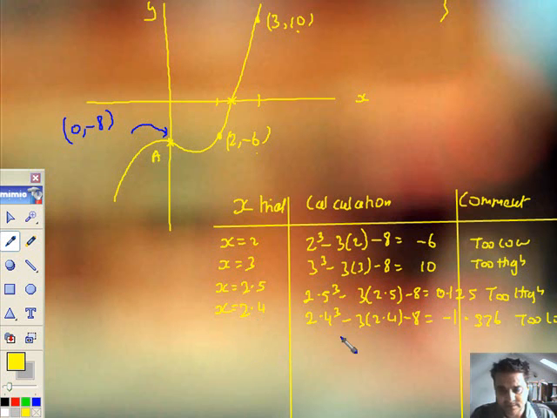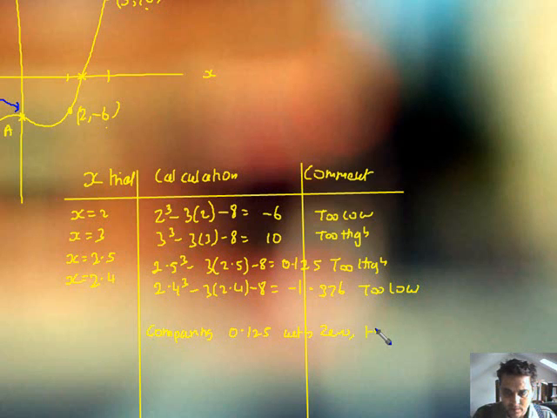Now, do I need to calculate this? Can you see that 0.125 is a lot closer to 0 than minus 1.376? But in case we're going to lose a mark, let's just do a test. Comparing 0.125 with 0, the difference is 0.125.